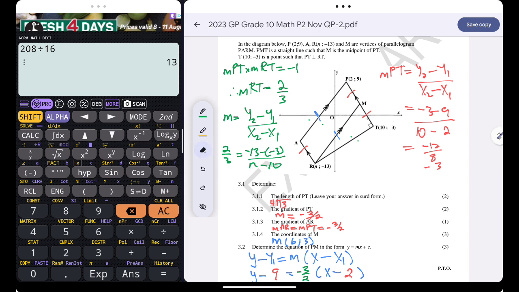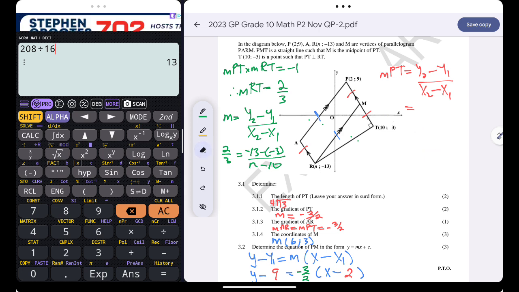Let me just erase here for me to have space to write. I'll continue on the other side. I'll simply have 2 over 3 is equal to negative 10 over n minus 10. I can just cross multiply here.